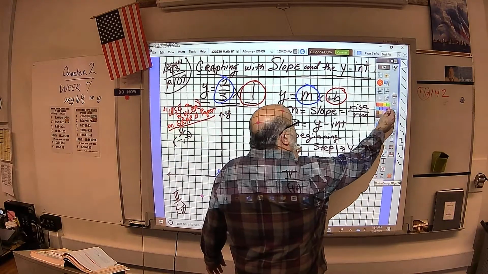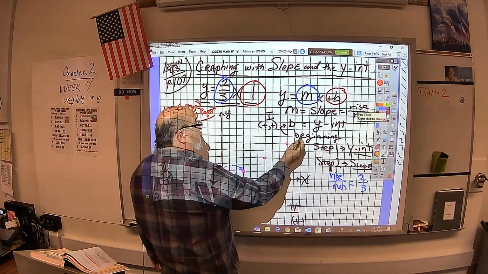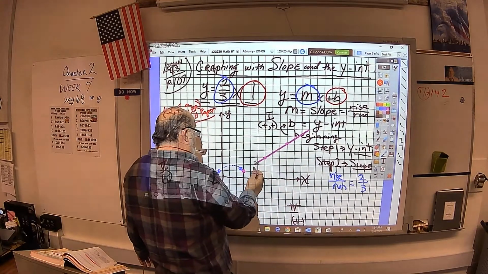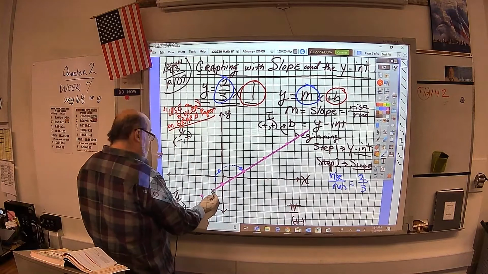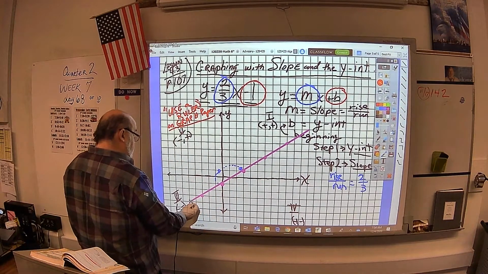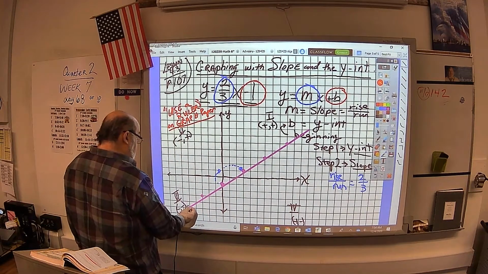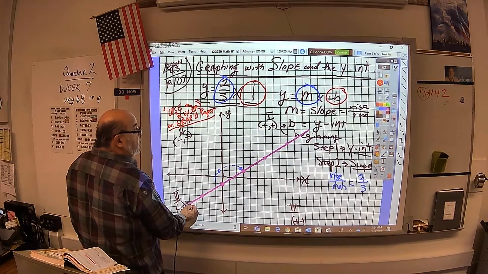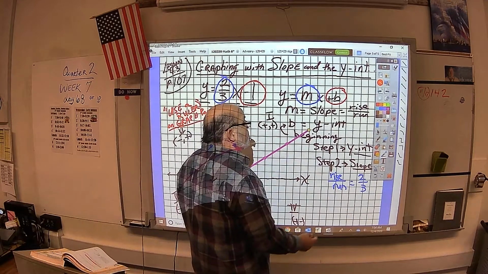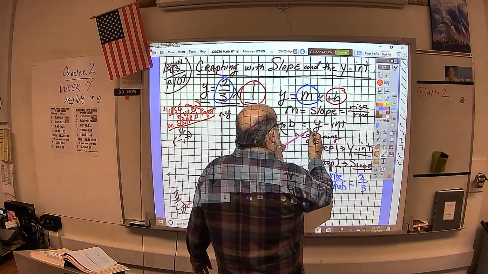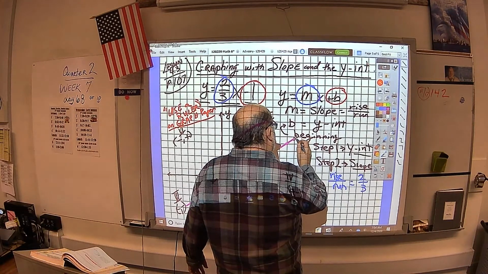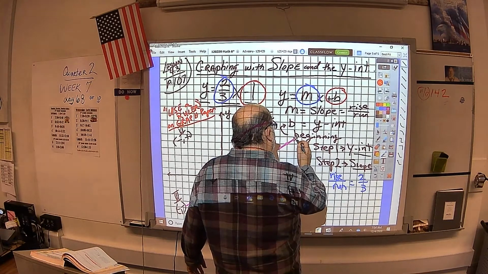I want this color. Pretty good, right? Okay. Let's shorten this. Just need a place to put my arrow.